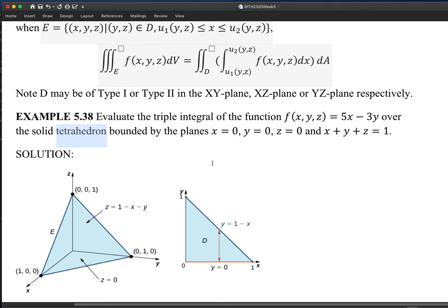And also, don't overlook x equals 0, y equals 0, z equals 0. You have to think very carefully. x equals 0 really represents the entire YZ plane. Then y equals 0 represents the entire xz plane. z equals 0 is the entire xy plane. And I hope it's a lot easier to recognize this plane here.